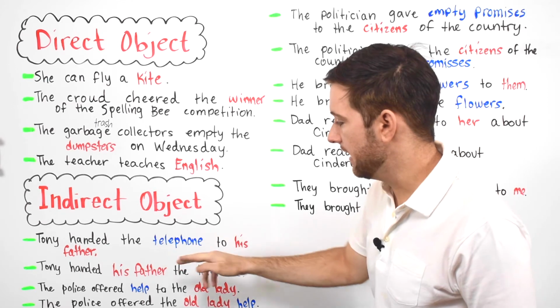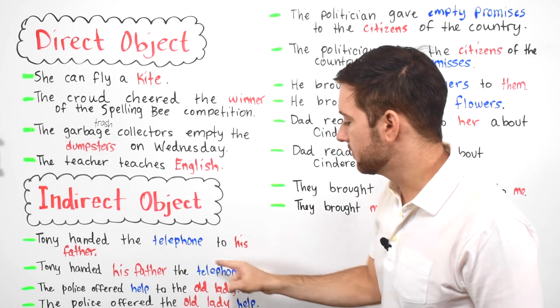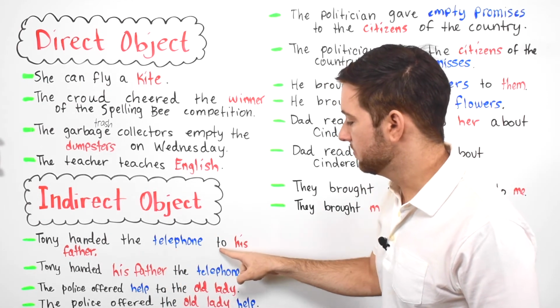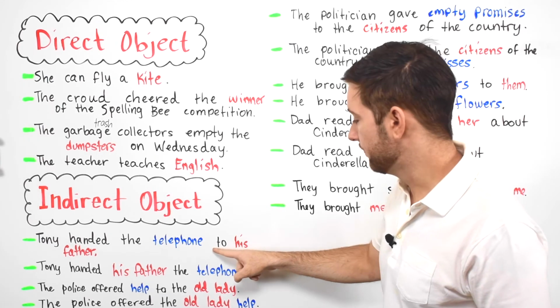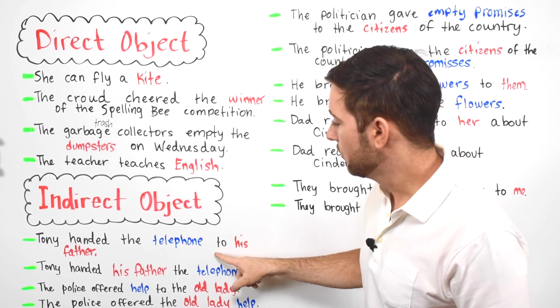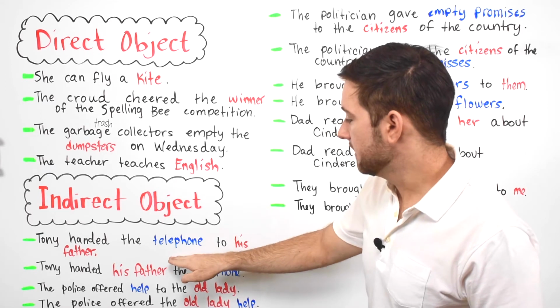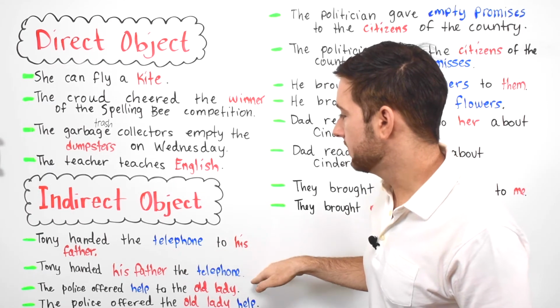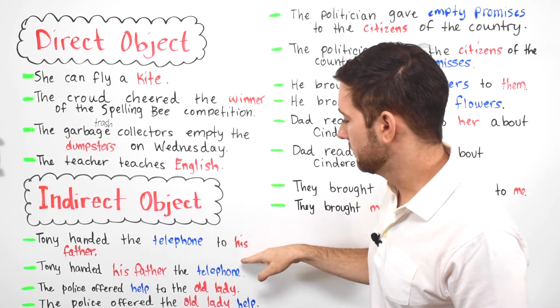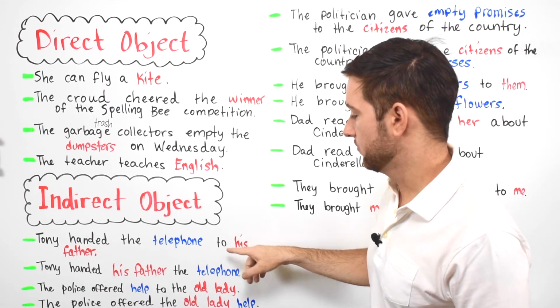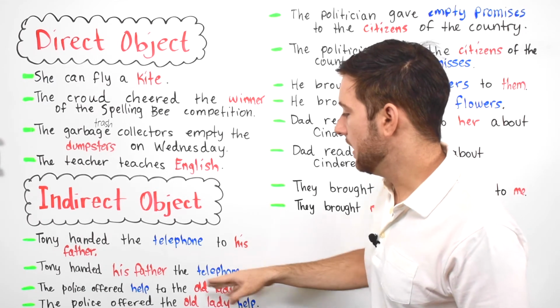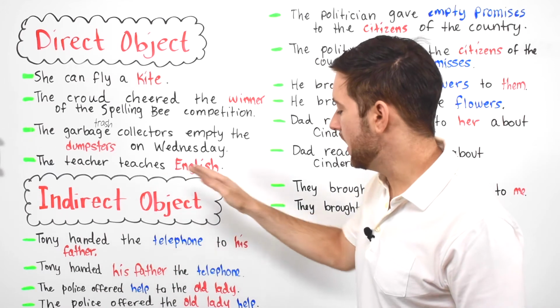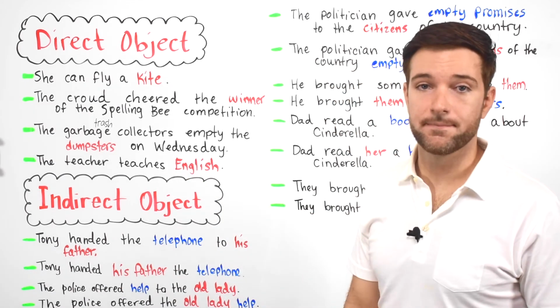So Tony handed, verb, his father the telephone. We don't need that word. We only need to when we have the telephone here and then the indirect object after. So direct object and then indirect object, we need the to. But if we have an indirect object and then a direct object, we don't need it.